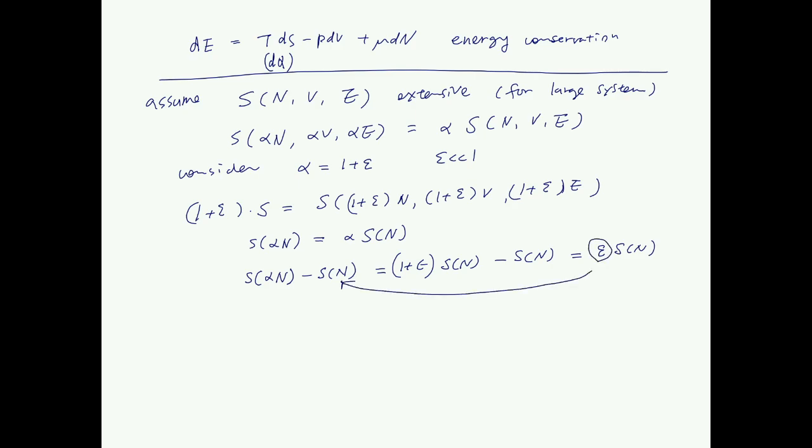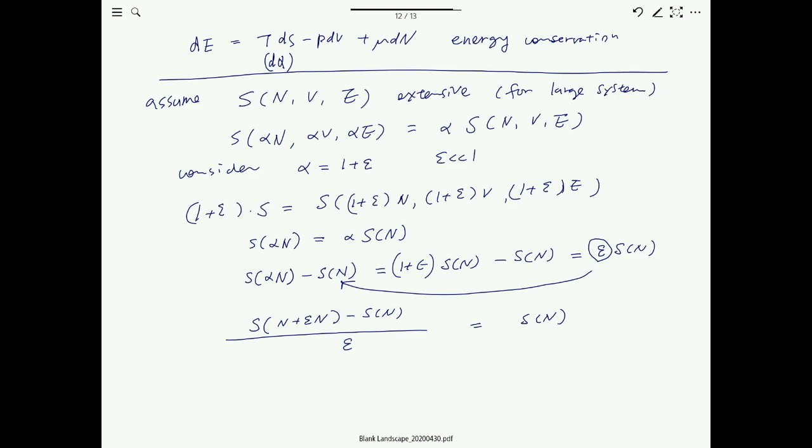So basically I have S of N plus N epsilon minus S of N, divided by N epsilon, and this would be S over N. And now I want to relate this to the partial derivative. We see here this change from N to N plus epsilon.